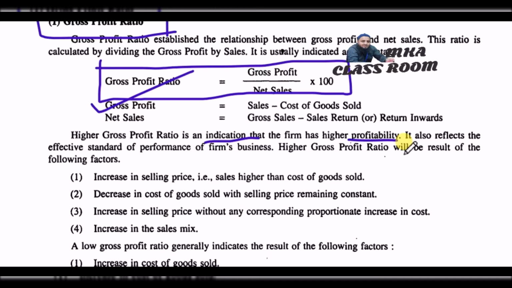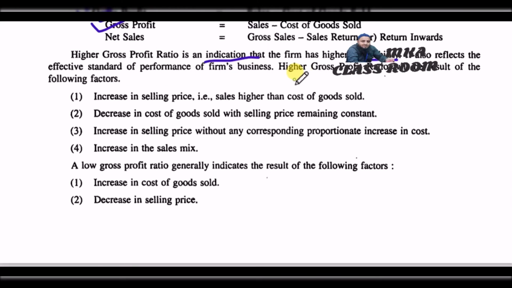A higher gross profit ratio will be the result of the following factors: increase in sales price or sales higher than cost of goods sold, decrease in cost of goods sold with the selling price remaining constant, increase in selling price without any corresponding proportionate increase in cost, and increase in sales mix.